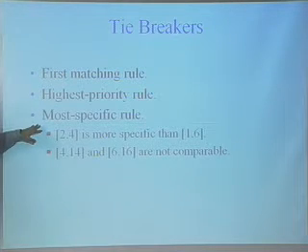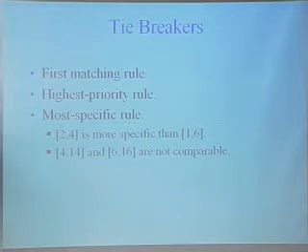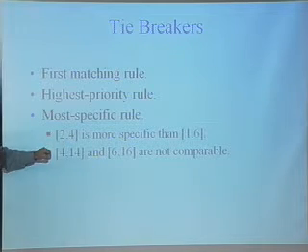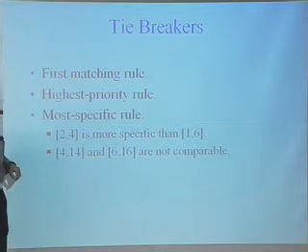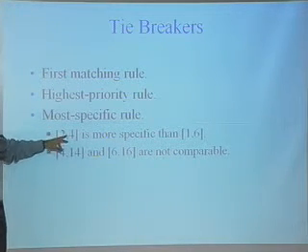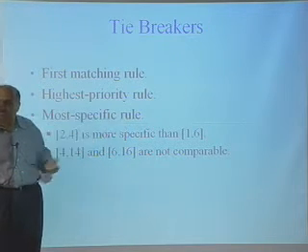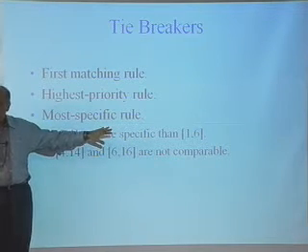You could have something called a most specific rule. So for example here, if a filter is specified as a range, 2, 4, and you have another one that's 1, 6, then everything that's matched by 2, 4 is also matched by 1, 6. But 1, 6 matches some additional things. So we say this one is more specific than that.